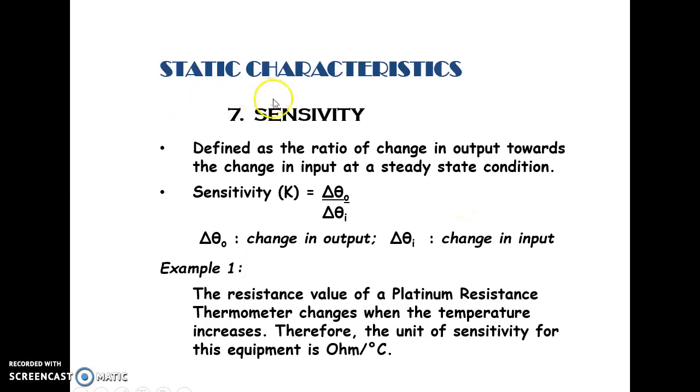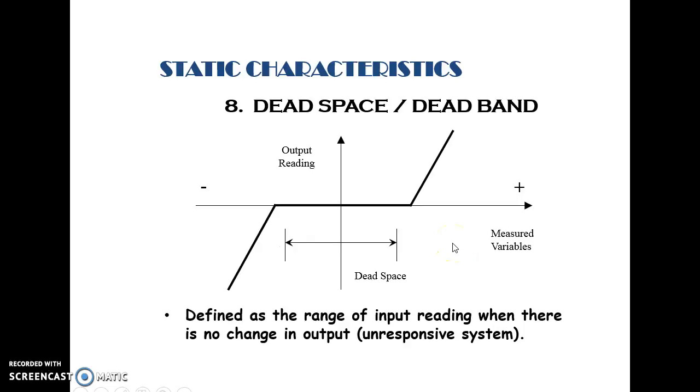And the next one is sensitivity, defined as the ratio of change in output to the change in input at a steady state condition. So here the sensitivity can be written as change in output to change in input. The next one is dead space or dead band.